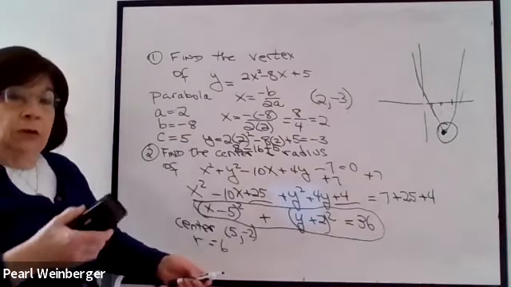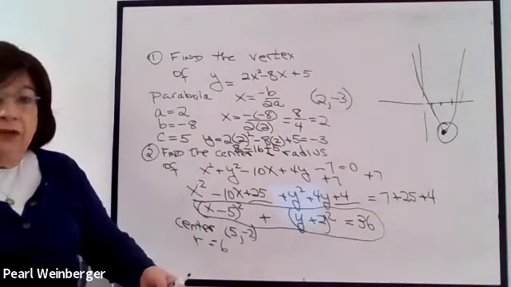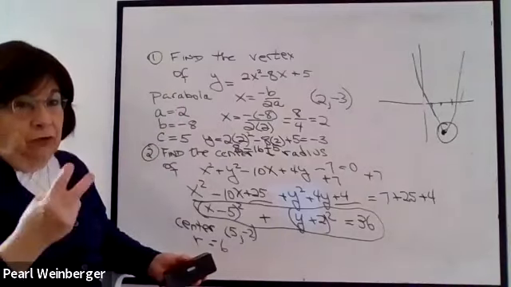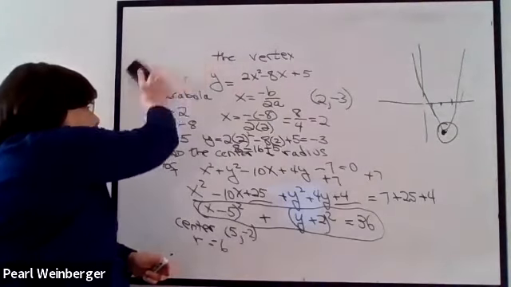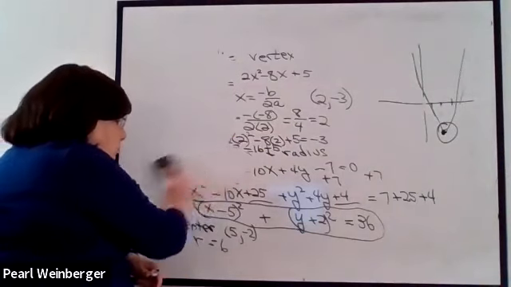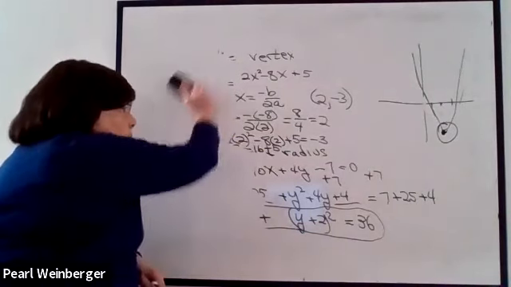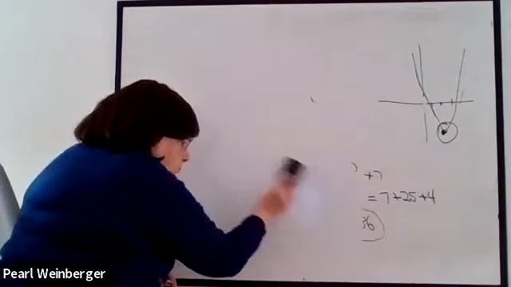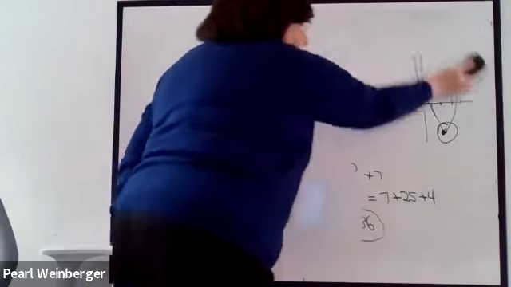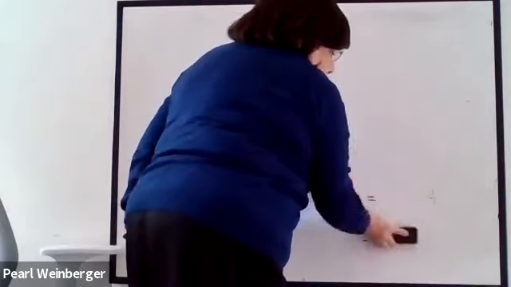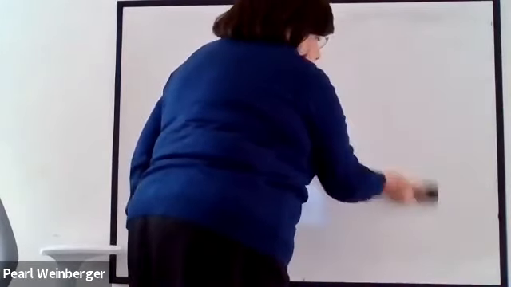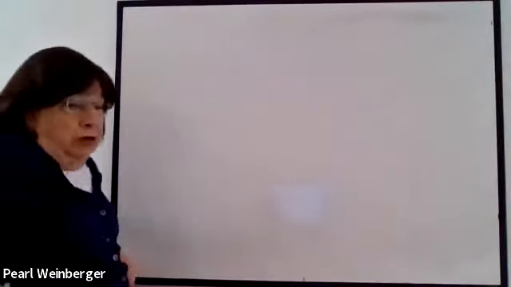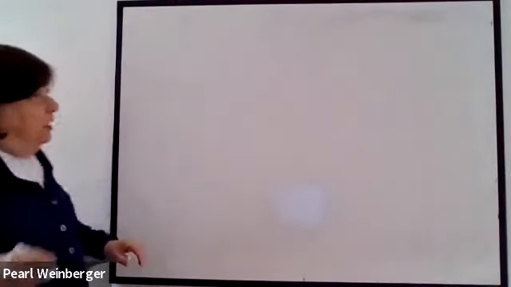So we're going to now go on with our conic sections. We're going to finish the topic of conic sections by looking at 2 other types of graphs. As I said, there are a total of 4 different kinds of conic sections.